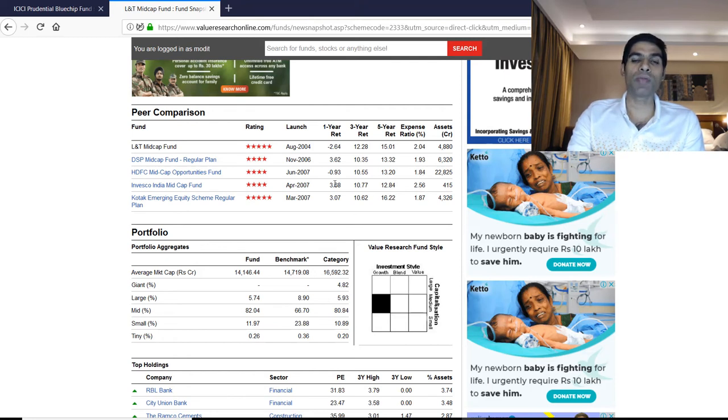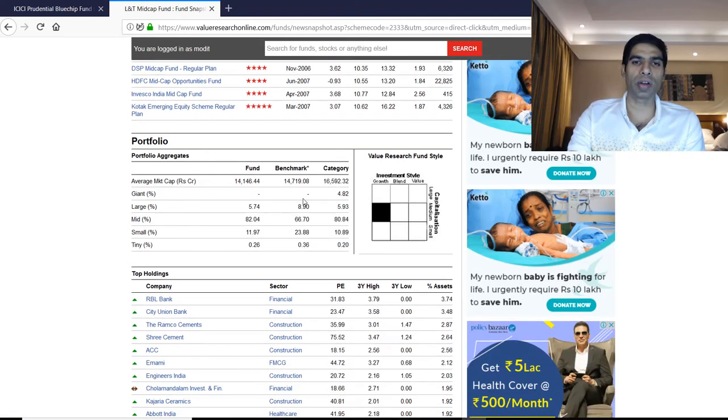So maybe this is one fund that one can avoid. If you look at Kotak, its expense ratio is even lesser, and its performance has been comparable and has done really well. So if I have to choose one between all of these, purely looking at the expense ratio and some past performance, I would rather invest into Kotak Emerging Equity regular scheme.